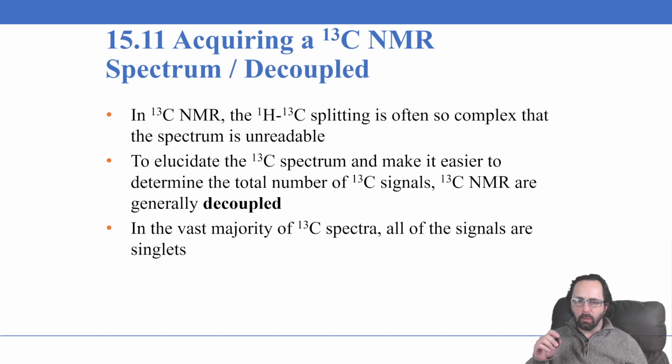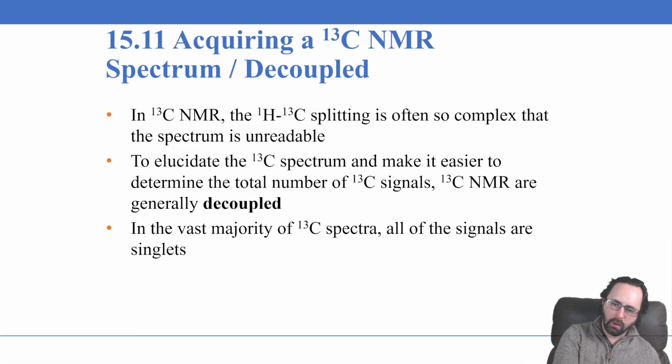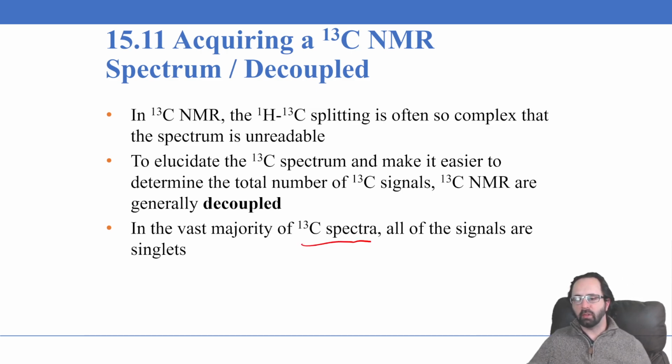In carbon-13 NMR, the proton and carbon-13 splitting is very complex, and so the spectra are often taken in a way that those won't be seen. So we do a so-called decoupled NMR, which makes it so that we don't have significant splitting seen all over the place for the carbon-13. So in most carbon-13 spectra, unless another technique is used, the carbon atoms are all going to be represented by singlets.